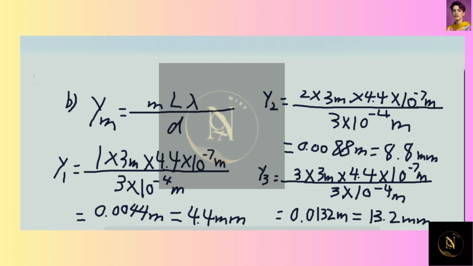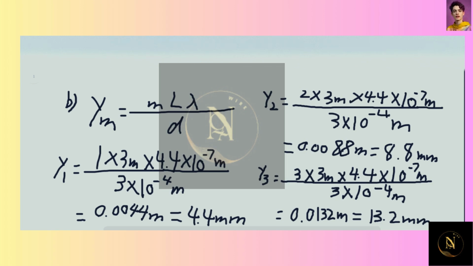For the spatial separation from the zeroth order to the first order band, y1, m is 1, L is 3 meters, lambda is 4.4 times 10 to the negative 7 meter, and d is 3 times 10 to the negative 4 meter. We get y1 is equal to 0.0044 meter, which is 4.4 millimeter.